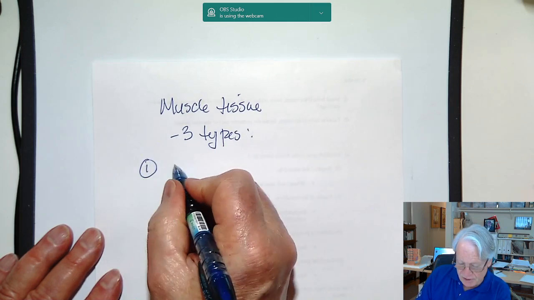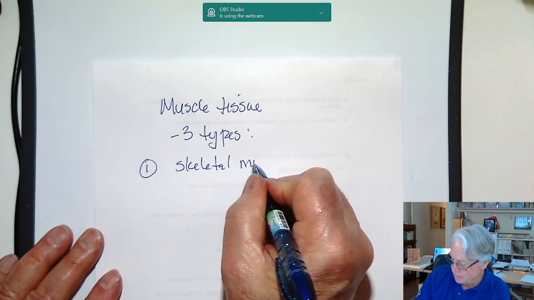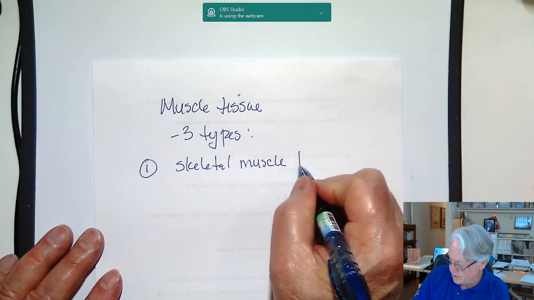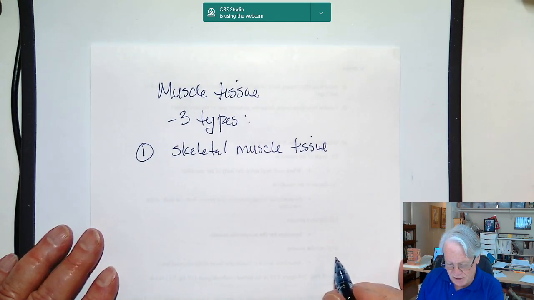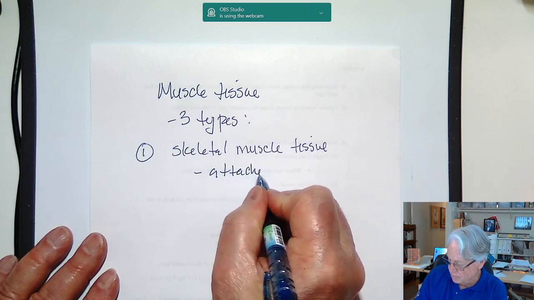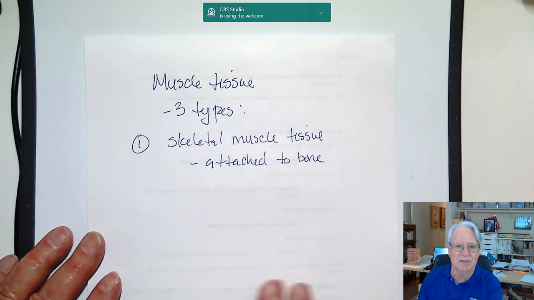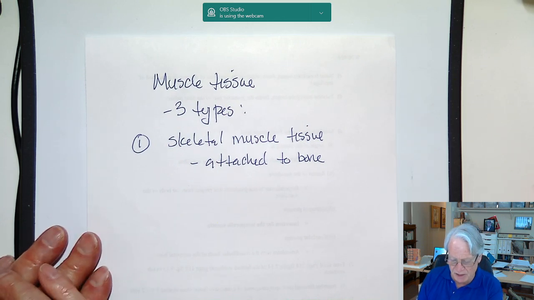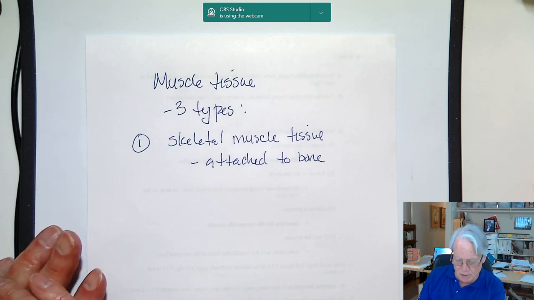The first type is skeletal muscle tissue, and we devote a whole chapter to this, so I'm not going to go into a lot of detail here. For the most part, it's attached to bone. Not every skeletal muscle is attached to bone; some is attached to soft tissue and other muscles. But generally, we can say attached to bone.